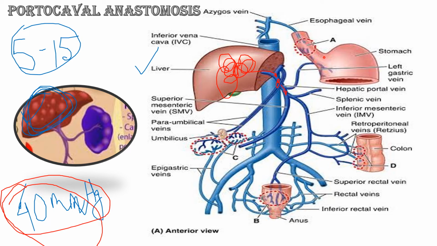Tributaries of the left gastric vein, that is portal anastomosis, the esophageal tributaries of the accessory hemiazygous vein, that is a systemic vein. This is the azygous vein. You can see in the diagram, this is the azygous vein, this is the esophageal vein, and the left gastric vein, it is doing the anastomosis here.